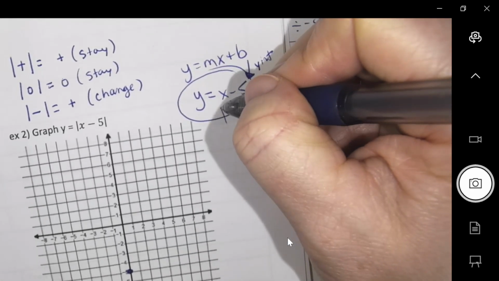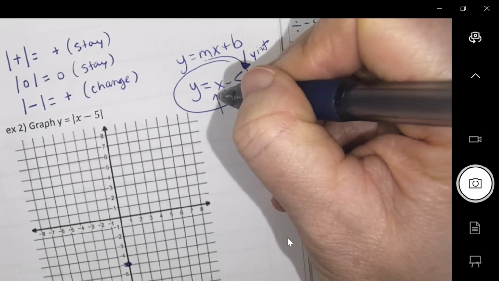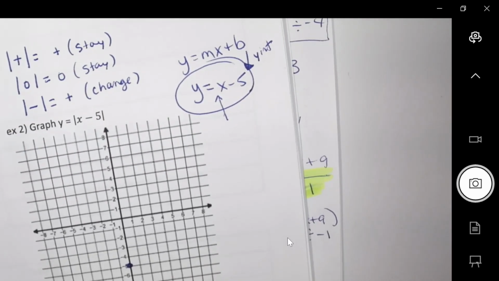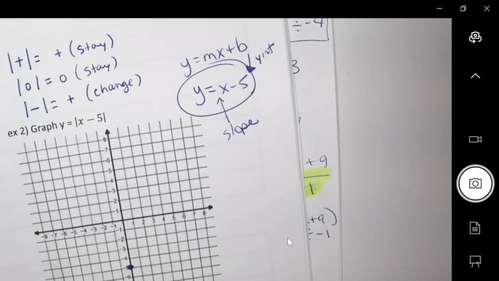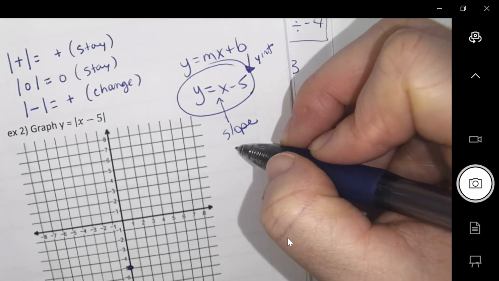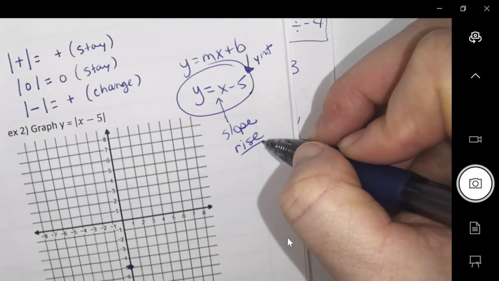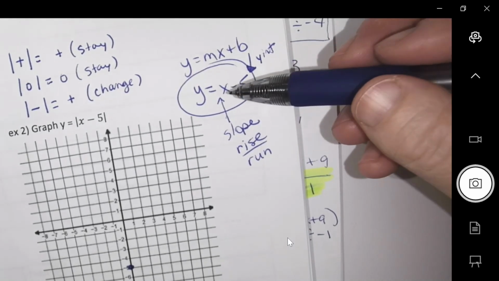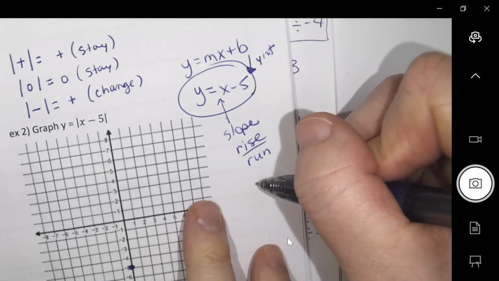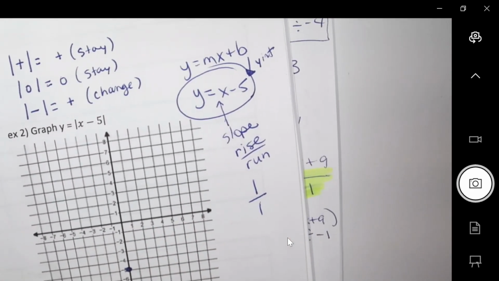And the m is the what? Slope. On a graph, a slope is a what over a what maneuver? Rise over run. And how many x's do I have on this example? 1. So 1 over 1.